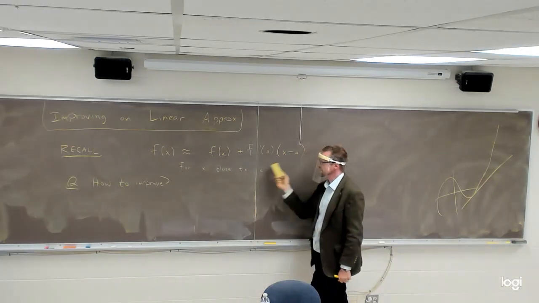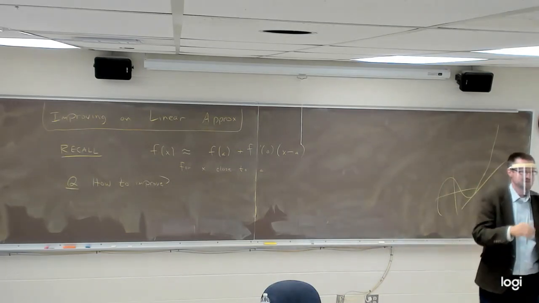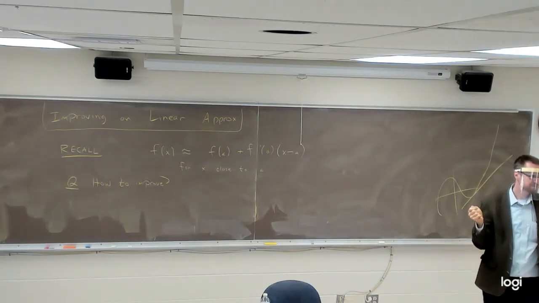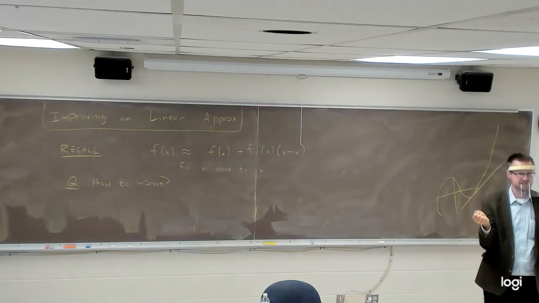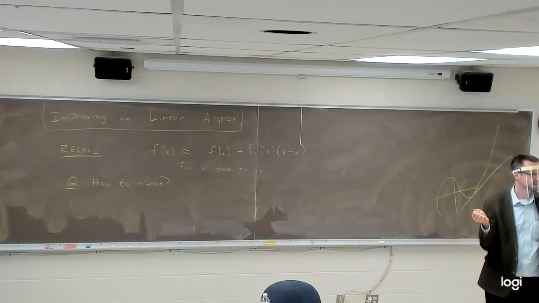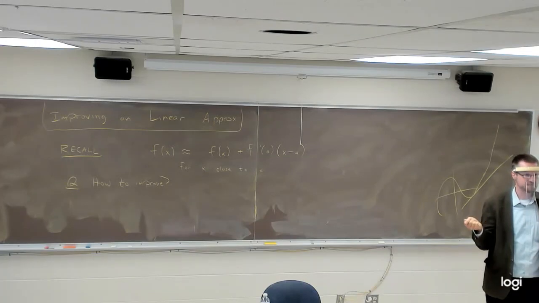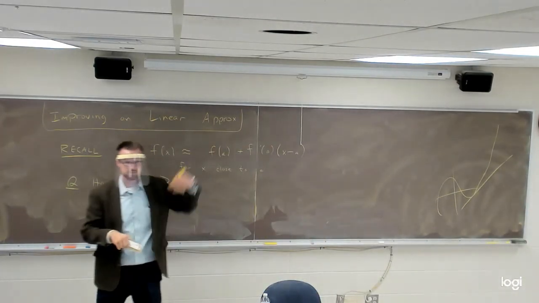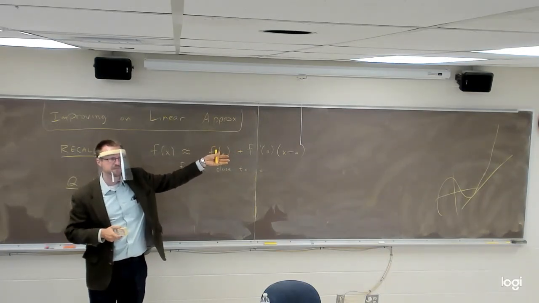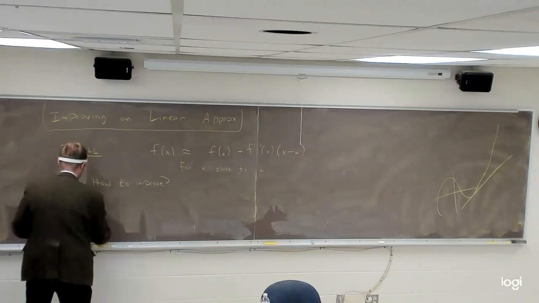This is like approximating my function as well as possible by a linear function, a function of the form mx plus b. Well, if I'm thinking algebraically, I say I can probably improve things by adding another term. What if I can have mx plus b plus some other stuff? That gives me the option of a better fit. I've kind of got more degrees of freedom to play around with. So algebraically, I might think, well, let's try doing this plus some correction that can help make up for the error in linear approximation. So algebraically, add a term.